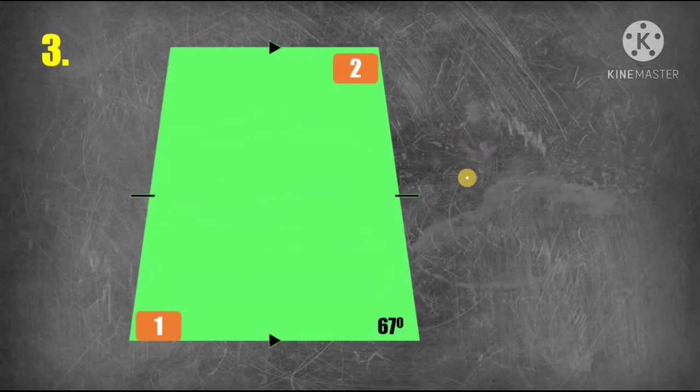Now let's move on to number 3. Same equation, same solution. Here 1 and 2 are also opposite angles, and 1 and 67 are consecutive or supplementary.